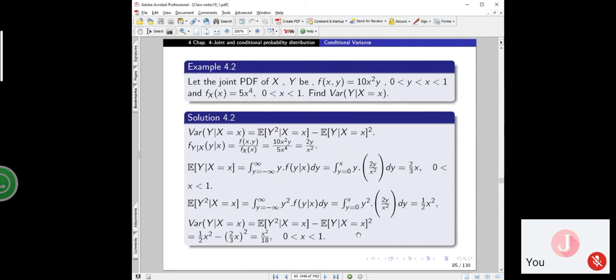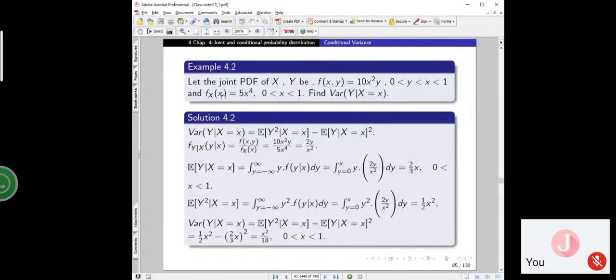Doctor, can I ask why is the range of x 0 to 1 but not y to 1? Oh, because this one is the density for x only, not the conditional density. This is fx. That means it no longer has y. We have removed y.